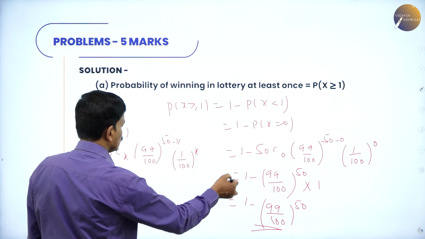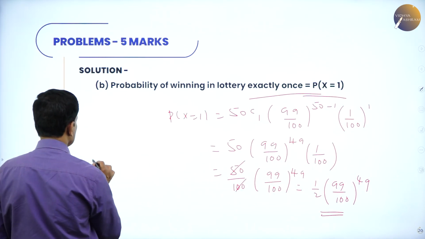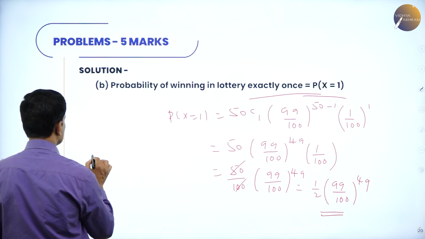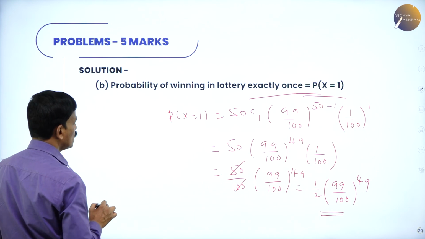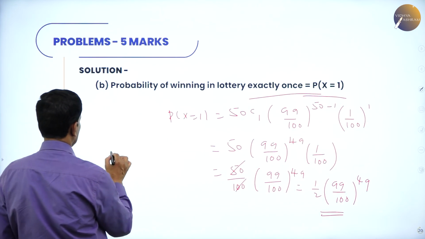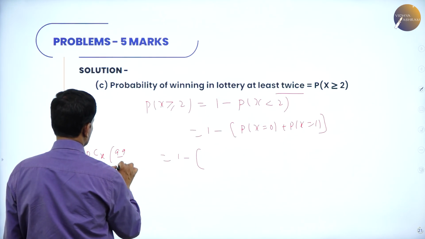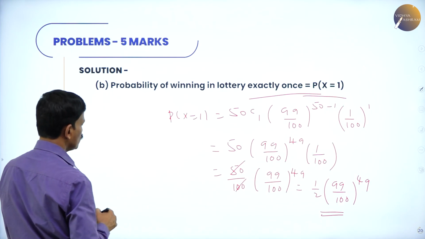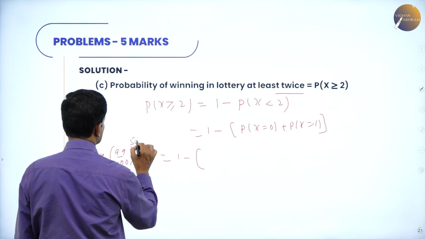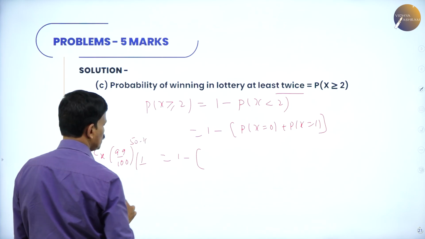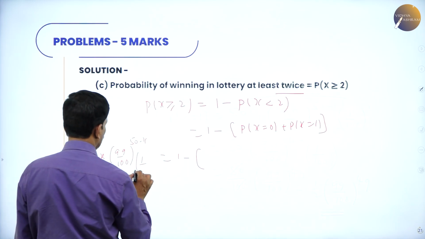What is the general equation we obtained here? 50cx (99/100)^(50-x) into (1/100)^x.